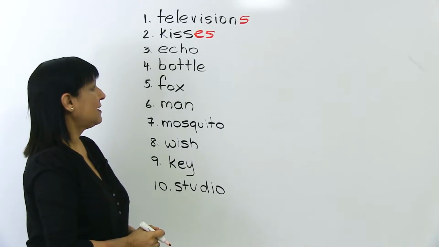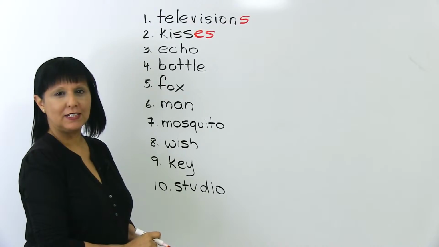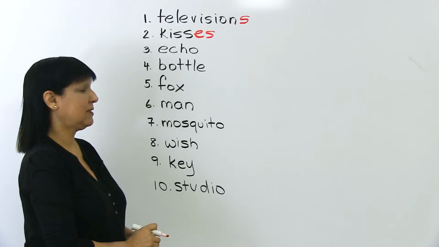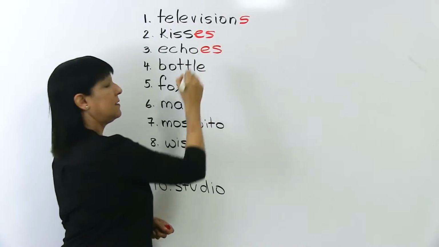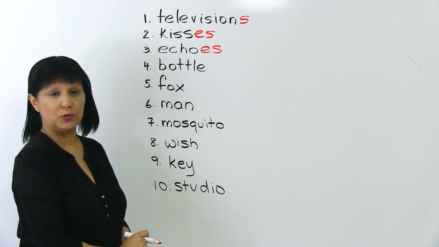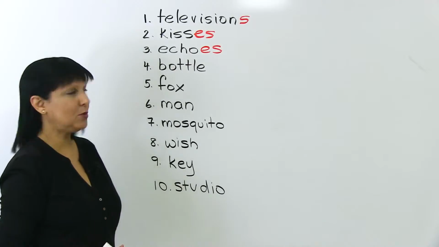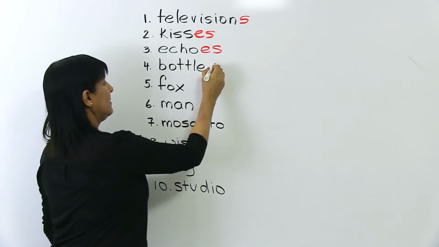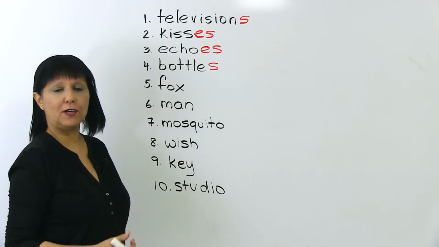All right. Echo. How do we make that plural? It ends in O. There's a consonant before, so it becomes with an ES, echoes. Bottle. How do we make that plural? Just S. Okay. Fox.